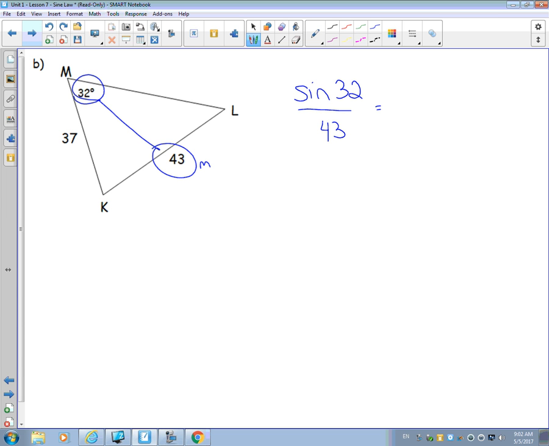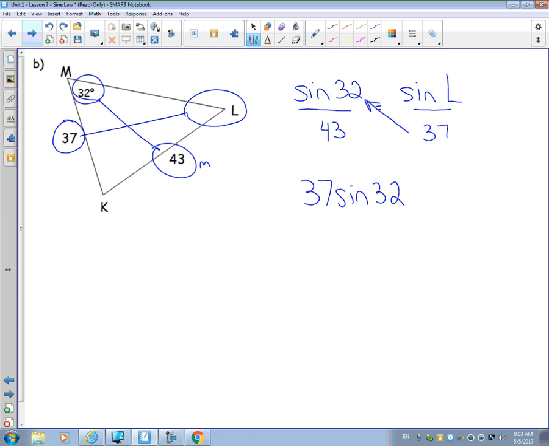Next, what else do I know? Well, I know 37 is going to go with L, but I'm missing the angle. So this is problem number 2, a missing angle. To do these ones, again, we're going to cross multiply. But we're going to be a little bit trickier this time. So 37 times the sine of 32.